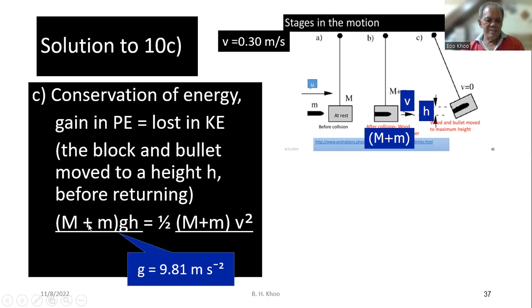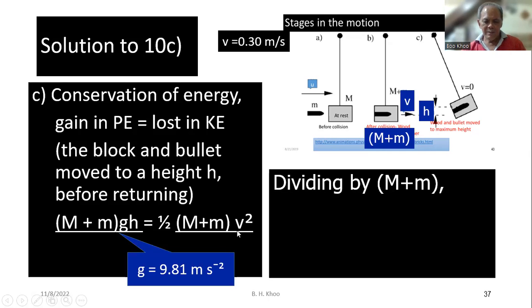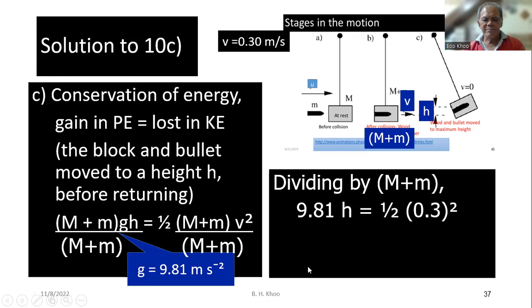M and m cancel off. g is 9.81. So this is 9.81 times height equals half v squared. v is given to us, 0.3. Calculate our h using a calculator.